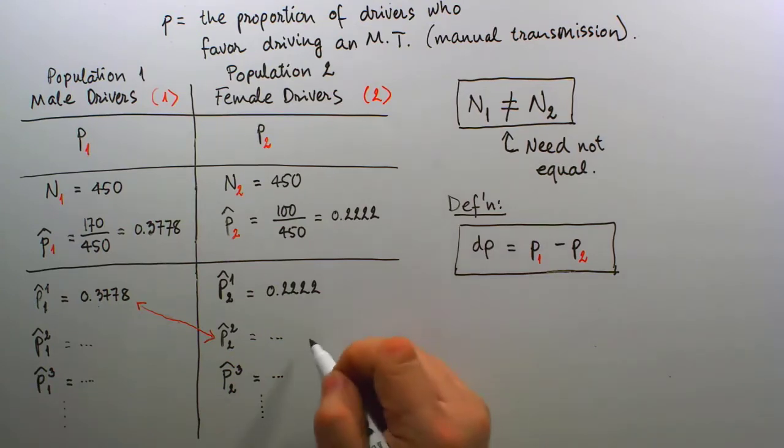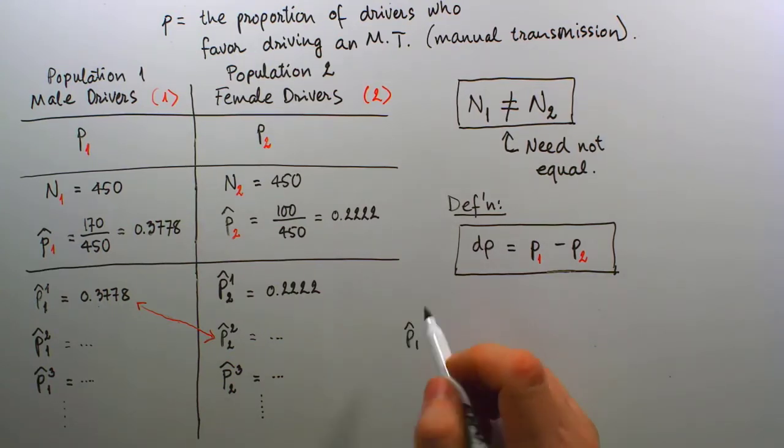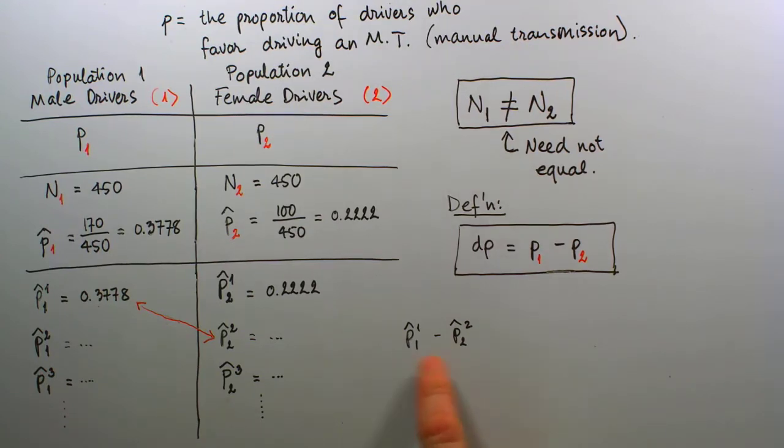So I can create a difference: pH1 first sample minus pH2 second sample. That's just one possible difference between two samples from two separate populations.